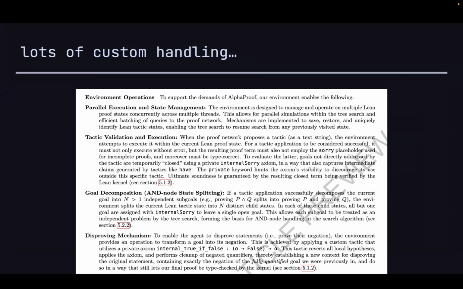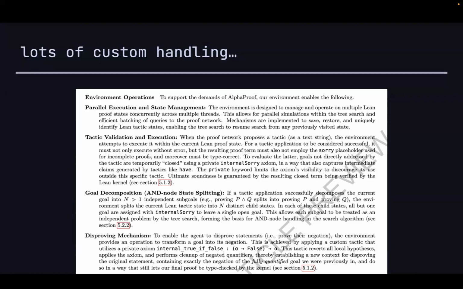Back at the P and Q example, every single line that you add actually changes the proof state, which has a different string. So when you're doing the export, you have to export for every single line, maybe actually every single character that you put in, because all of those have different proof states. Then they would have a pipeline for tactic validation and execution. Here's the interesting part: goal decomposition.